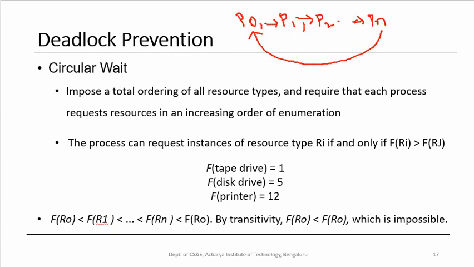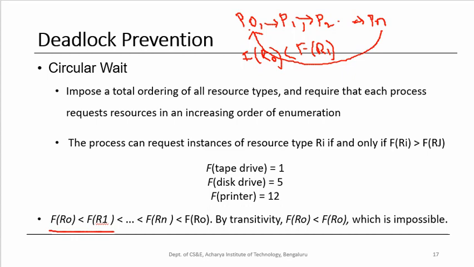Now according to our protocol, P0 can make a request for a resource which is being held by P1 only if f of the resource it is holding is less than f of R1. So it is making a request for R1, and f of R1 is greater than f of R0.